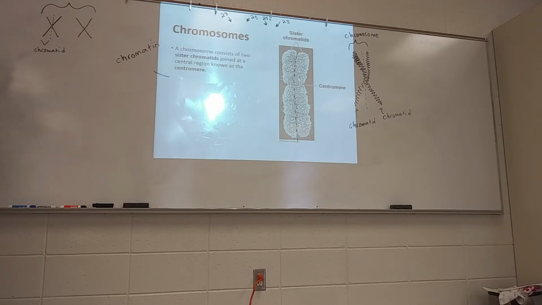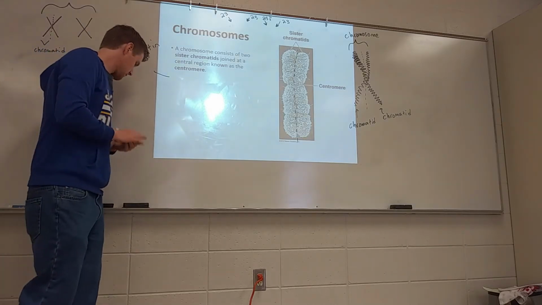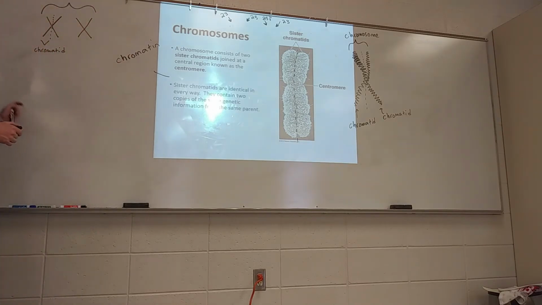Together they make a pair. Sister chromatids are identical in every way. They contain 2 copies of the same genetic information from the same parent. Looking at this chromosomal pair, this came from one parent, this came from another. Chromatids on either side of the X, those are identical to each other from the same parent.